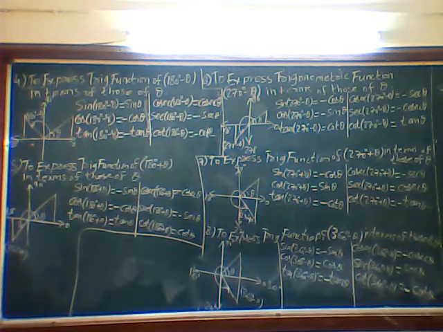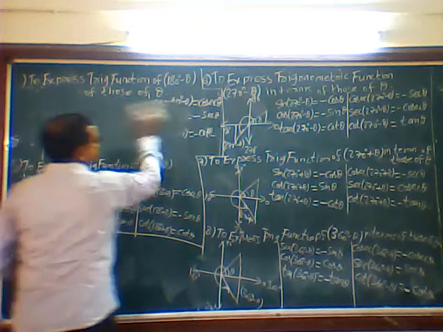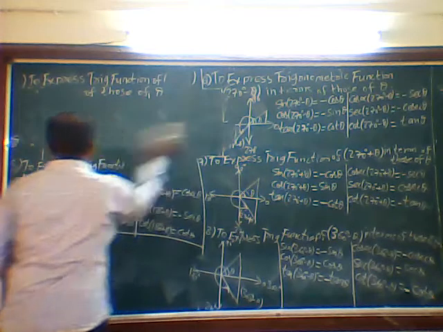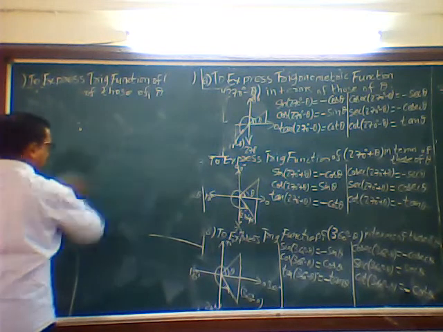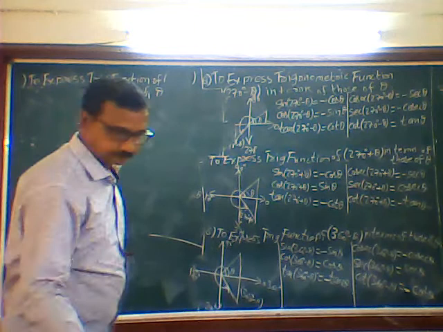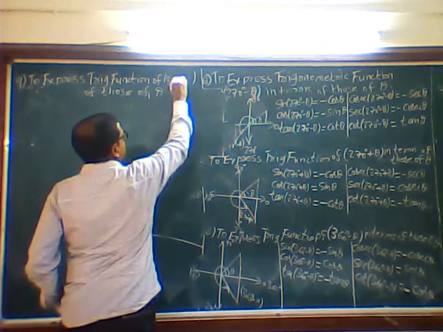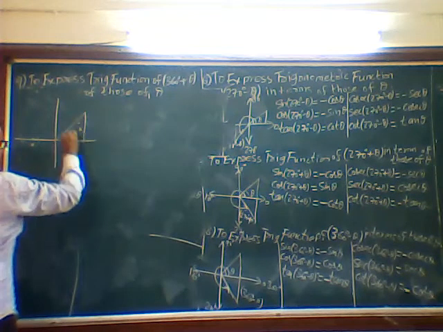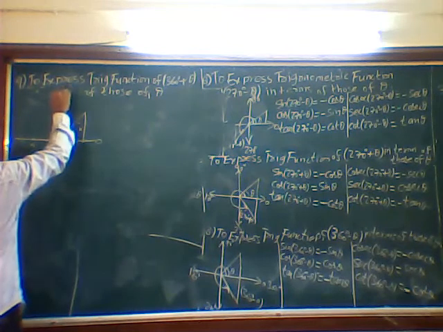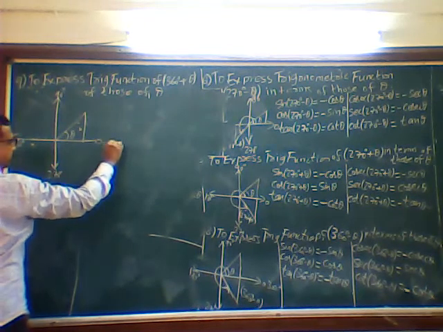Now finally 360 plus theta. Now lastly, the ninth one: to express trigonometric functions of 360 plus theta in terms of those of theta. Diagram: 0 degree, 90 degree, 180 degree, 270 degree, again back to 360 degree.